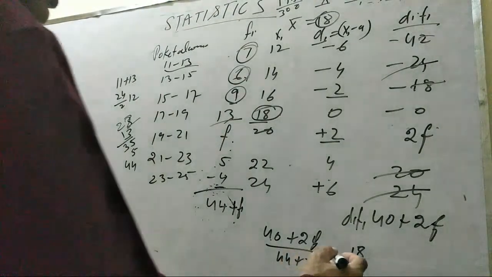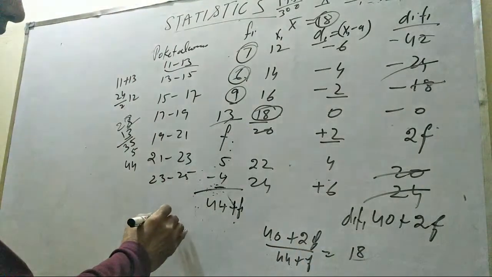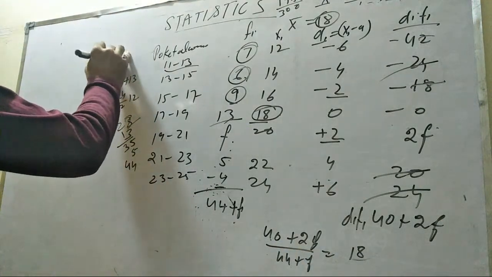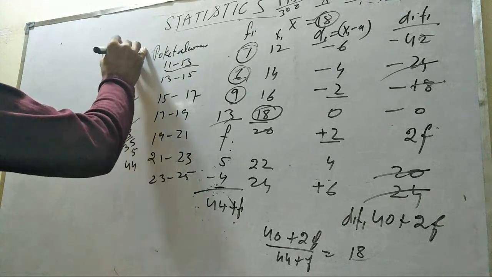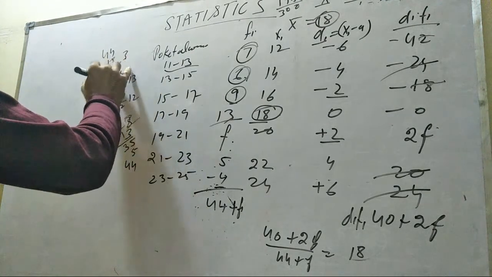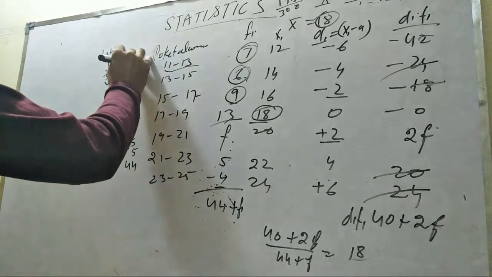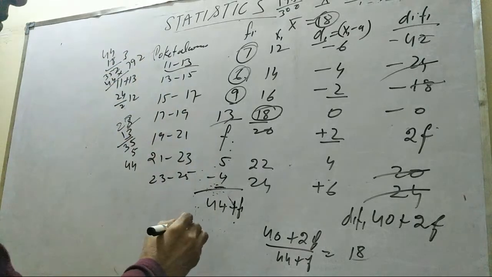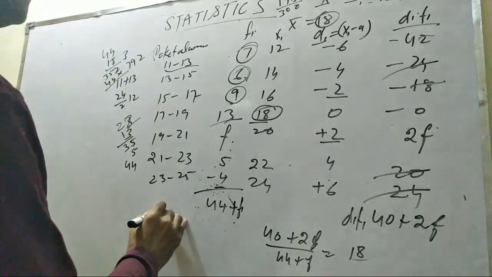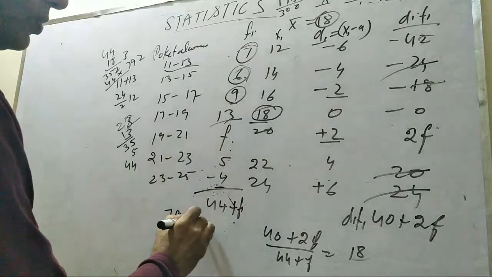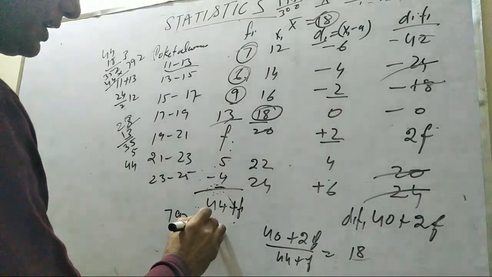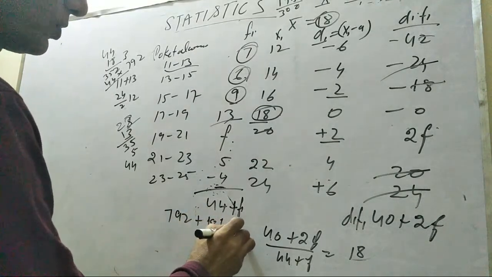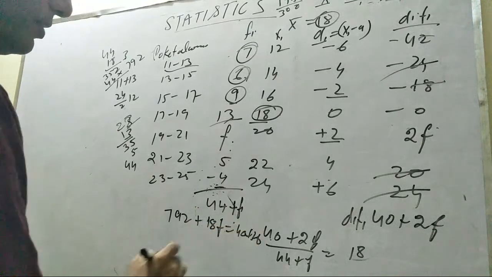And we multiply this: 44 into 18 gives 792, so 792 plus 18f is equal to 40 plus 2f.